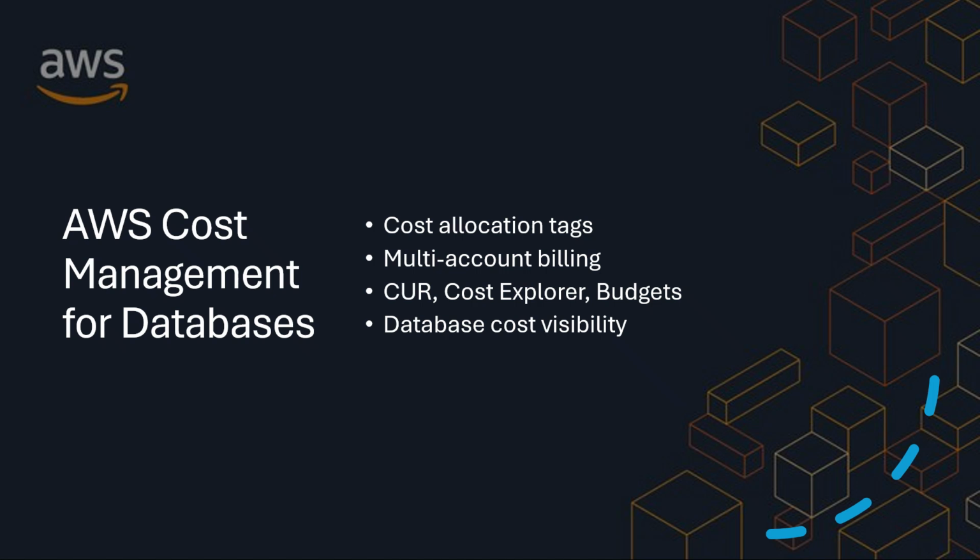Tools like Cost Explorer, AWS Budgets, and the Cost and Usage Report help you monitor the storage usage and IO cost, provisioned capacity, backup cost, and replication overhead. Having visibility ensures we don't just optimize the database technically, but we can measure where cost actually goes and which optimizations matter the most.